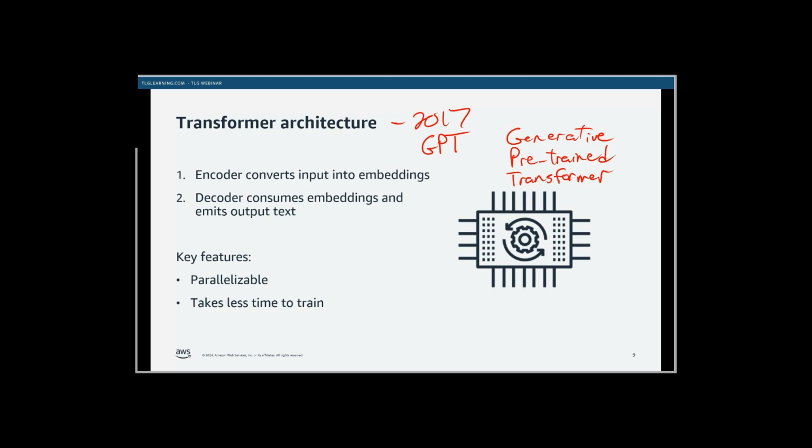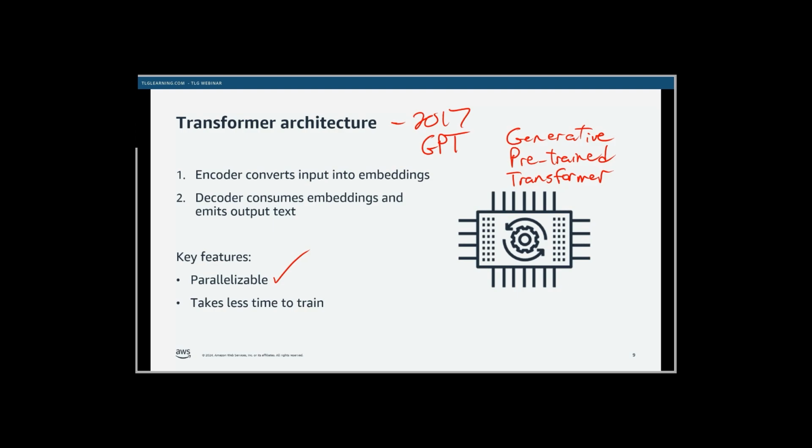Some of the advances which make the transformer architecture so attractive: it is highly parallelizable when we're doing the training of a foundation model. It takes a lot of compute resources, so this can be done in a fairly timely manner. I mean, it's faster than previous ways of doing the training, but it will train on the data set that is provided all at once.